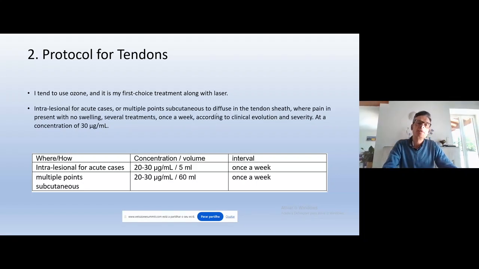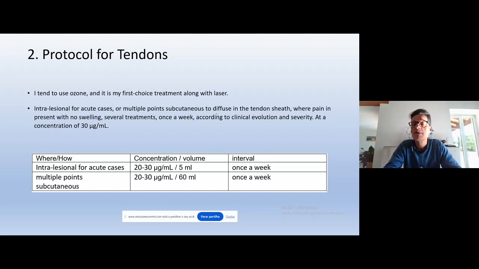Here I leave you the concentration. I tend to use close to 30 micrograms once a week, because for practical reasons I cannot go to visit a client more than once a week, and so once a week is not really what is most indicated in terms of benefits, because there are many protocols showing benefits of 2 to 3 infiltrations a week.